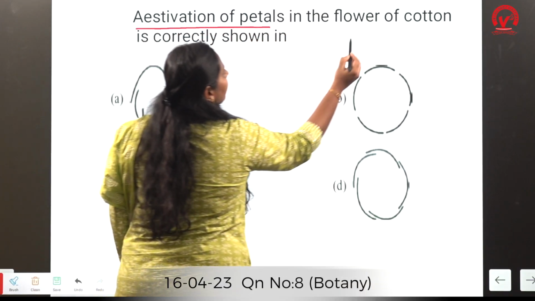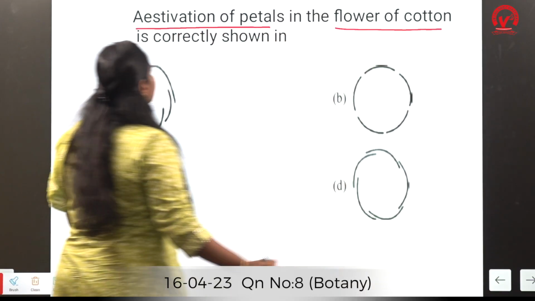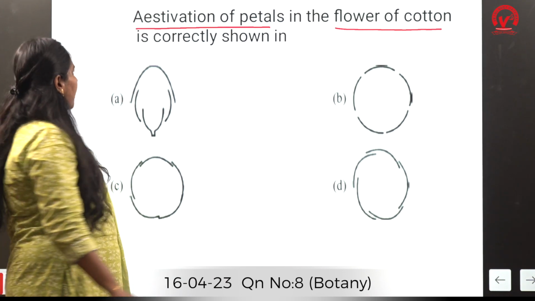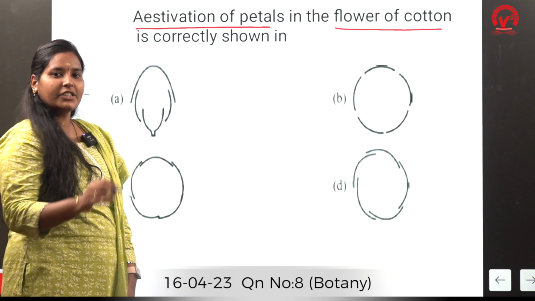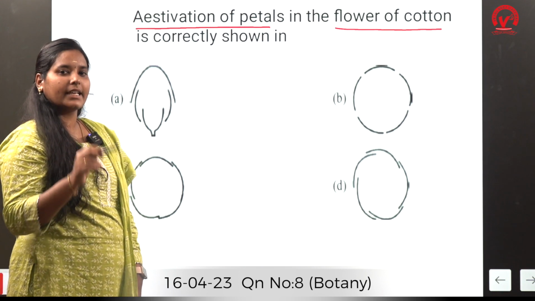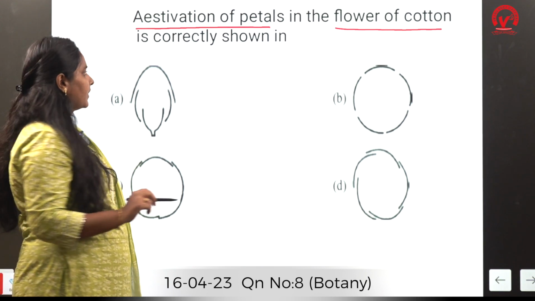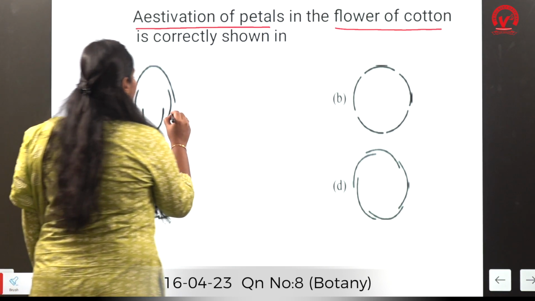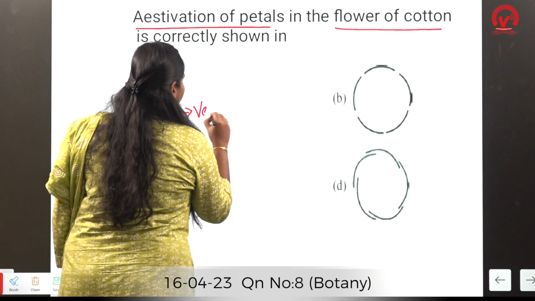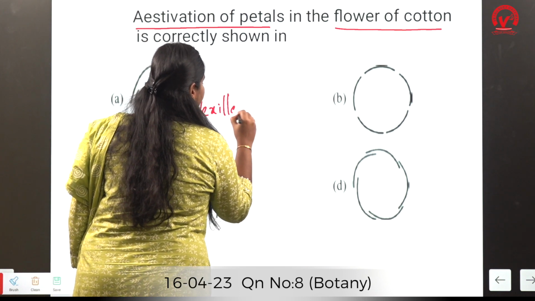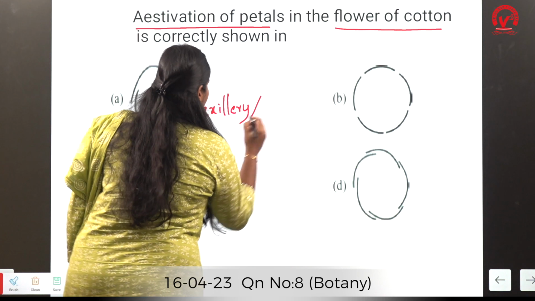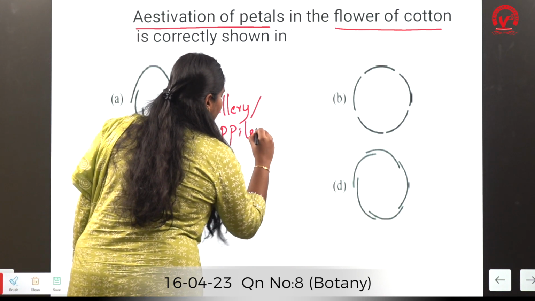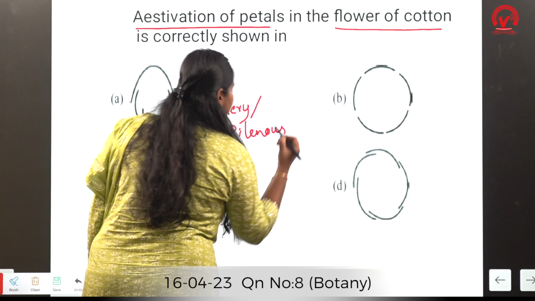Aestivation of petals in the flower of cotton is correctly shown in which of the following options? First, aestivation means the arrangement of sepals or petals in a flower bud condition. First, we need to know the names of these diagrams. The first type of aestivation is vexillary or papilionaceous.